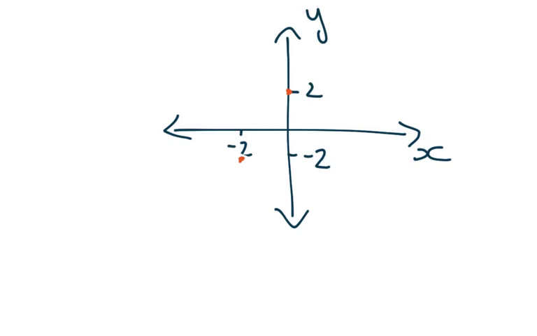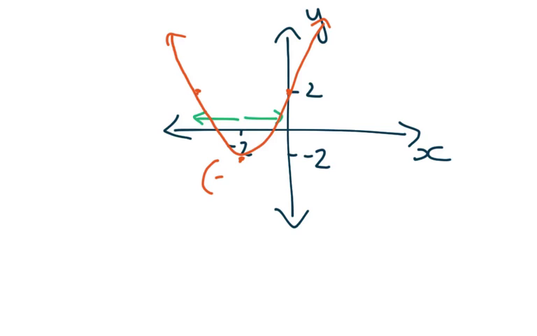Now, if we've gone across this way to get up to 2, we need to go across this way to go up to 2 here. And we put a dot as well because our graph needs to be symmetrical. We then draw a curve through our dots that looks sort of like that, bearing in mind I'm using my finger.